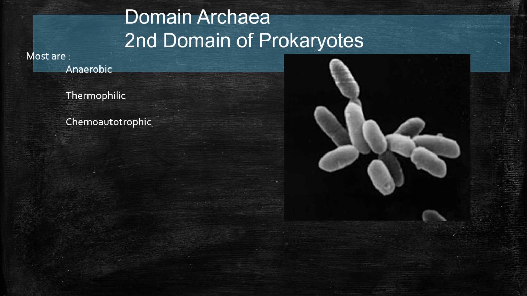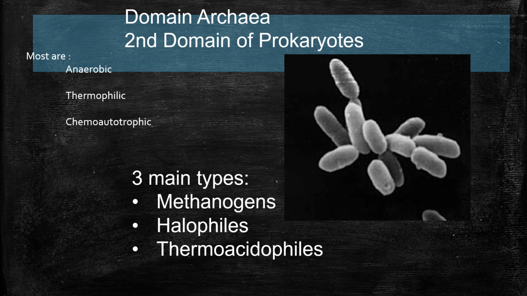Whew, okay, we've made it through our domain bacteria. Now we have the domain archaea, which is our second domain of prokaryotes. And these usually fall into the categories of being anaerobic. They can be thermophilic, which if you remember your Latin roots, thermo being heat, philic, they love heat.